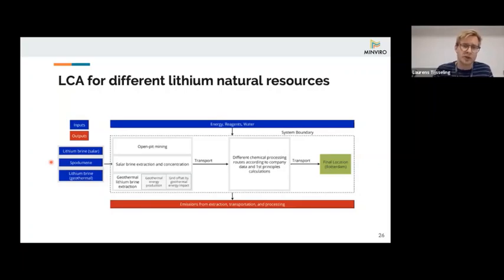Because we were doing this as a commercial project, we also looked into the life cycle assessment of lithium produced from lithium brine, but I'll come back to that in a bit.